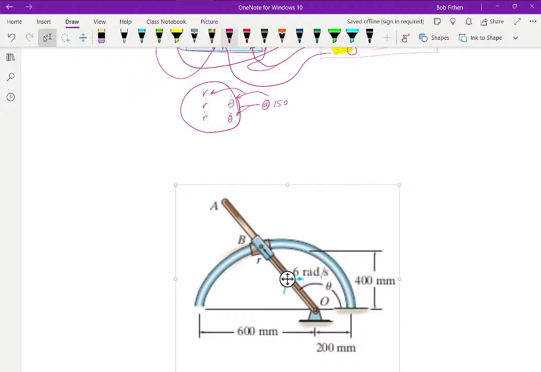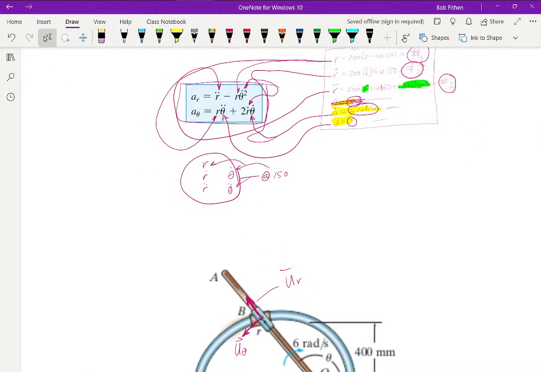What you will notice again, this is u sub r, this is u sub theta.